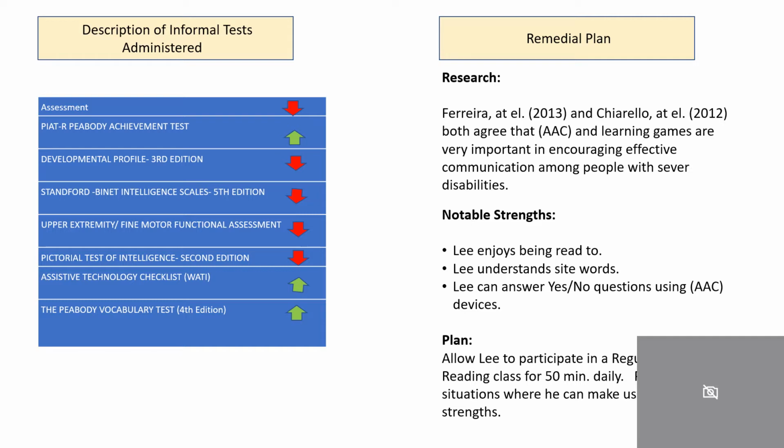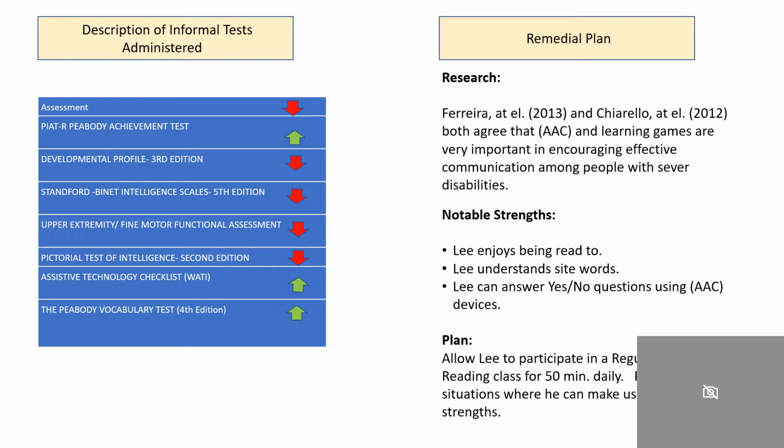Since he was doing well, or competitive, in the areas of vocabulary, and this Peabody test showed such improvements, we felt like Lee would do well in a reading class for 50 minutes a day with his same-age regular education peers.